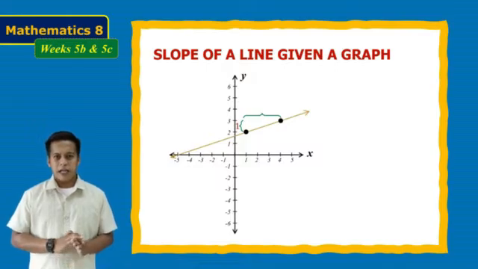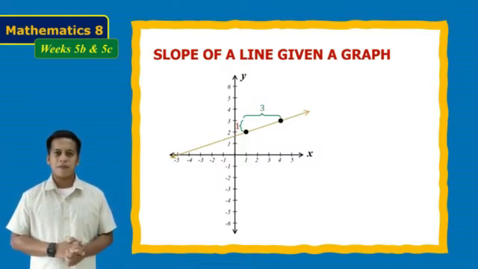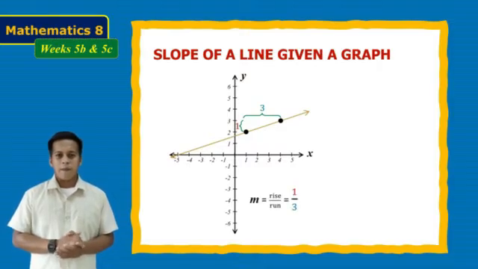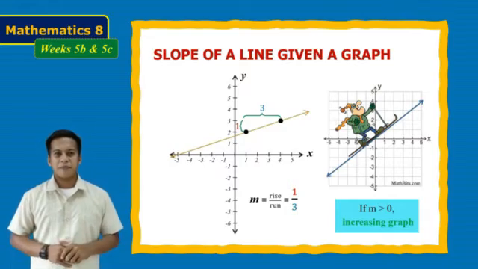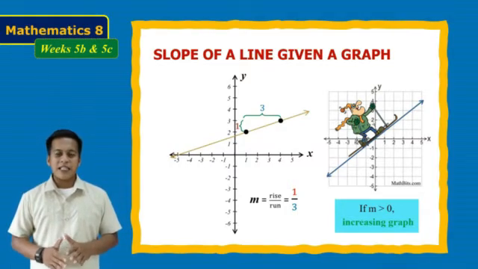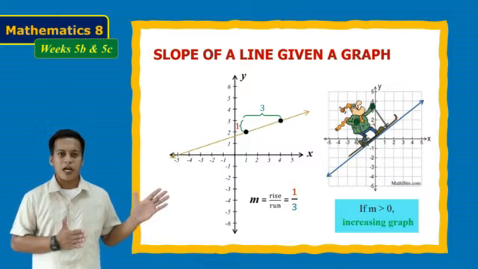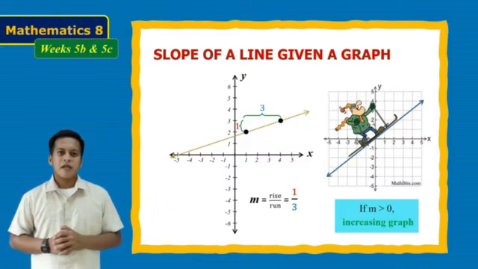It means the run is positive 3. Therefore, the slope m is equal to 1 over 3. It is a positive slope. If the slope is positive, the graph is rising from left to right, or it is called an increasing graph.